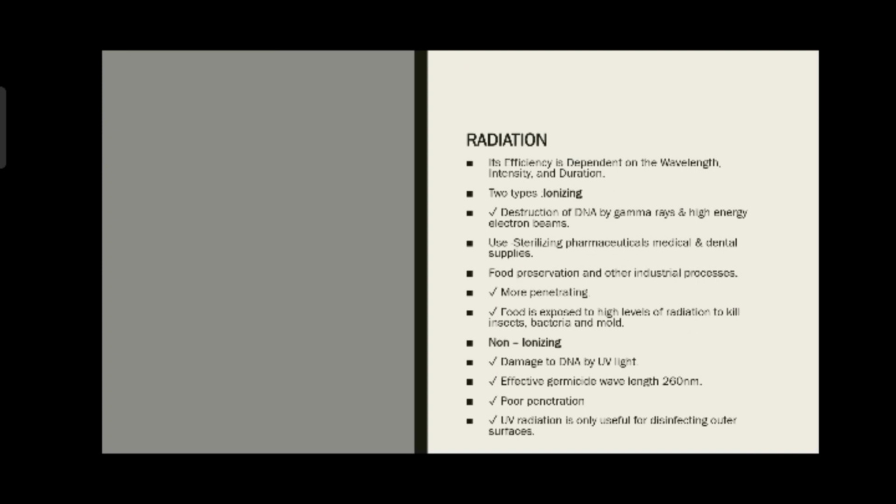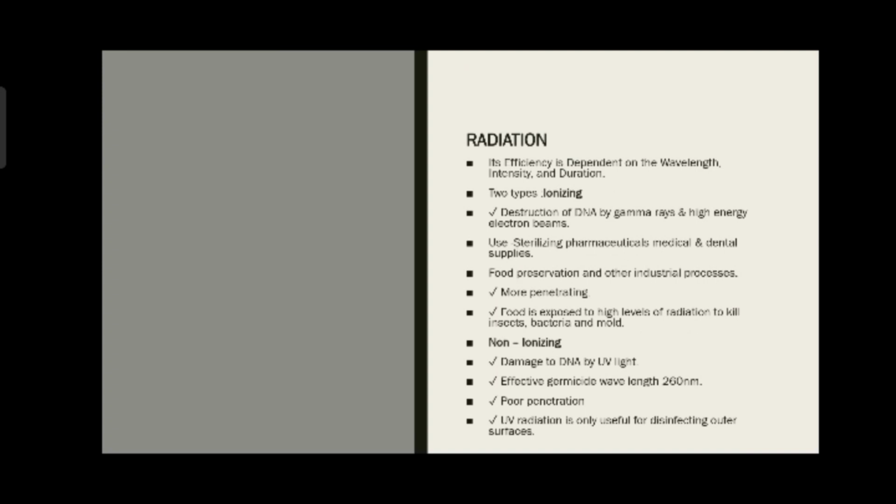Because of their high penetrative power, ionizing radiation is used to sterilize packaged materials and non-autoclavable materials such as petri dishes, disposable plastic inoculating loops, gloves, other heat-sensitive materials and some medical equipment.